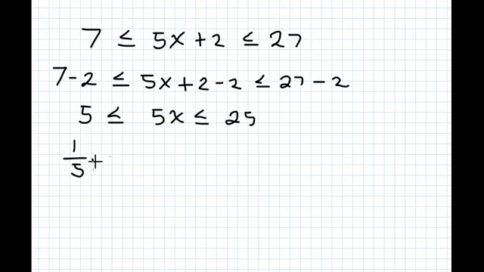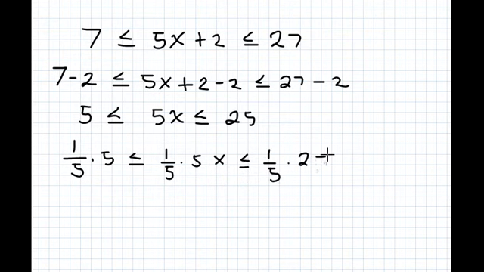So 1/5 times 5 is less than or equal to 1/5 times 5x is less than or equal to 1/5 times 25. So 1/5 times 5 just becomes 1. And of course, this is 1/5 times 5, that becomes 1 also. And less than or equal to, 5 goes into 25 5 times.